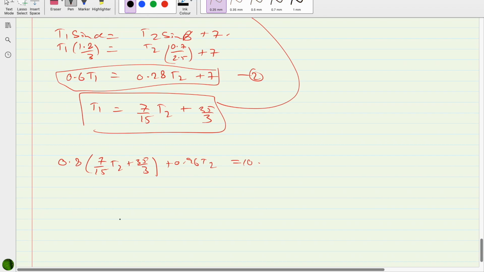I'm multiplying this 0.8 inwards. 0.8 into 7 by 15 gives me 28 by 75 of T2. 35 by 3 into 0.8 gives me 28 by 3, plus 0.96 of T2 is equal to 10.